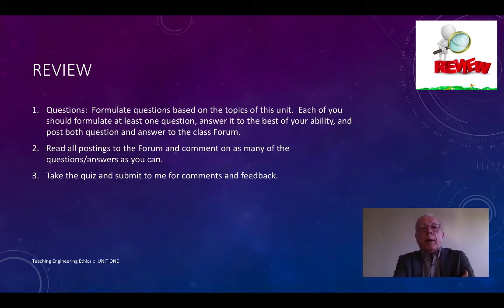Okay, so this unit's review has two specific components. One, for the forum, I want everybody on their own to formulate a couple of questions based on the topics brought up in this unit. Each of you should formulate at least one question, but I think it would be better if you could formulate two or maybe even three.